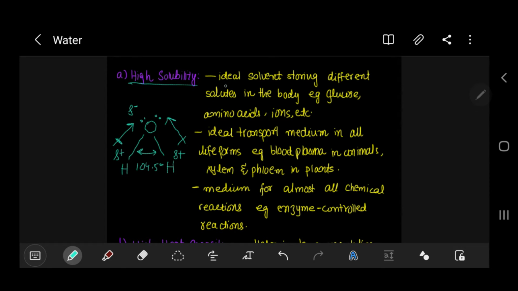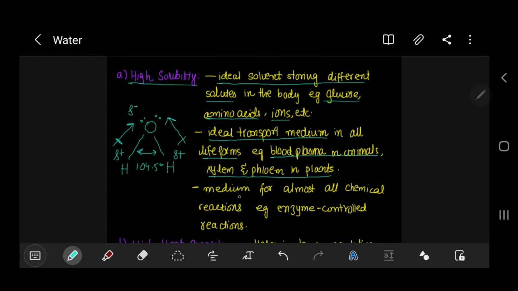Now, water acts as an ideal solvent storing different solutes in the body, for example glucose, amino acids, and ions. It also acts as an ideal transport medium in all life forms. Example, blood plasma in animals and xylem and phloem in plants.